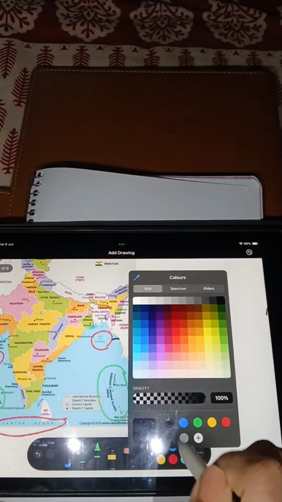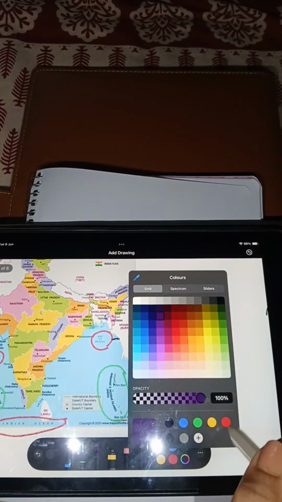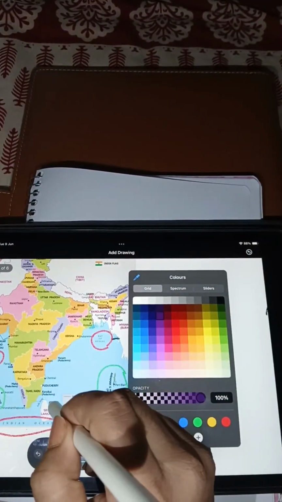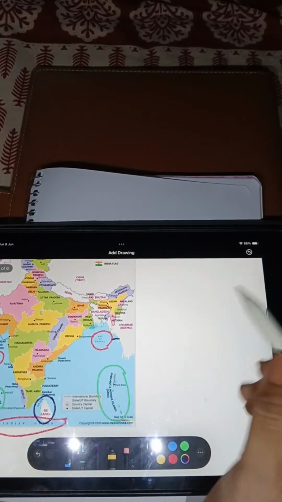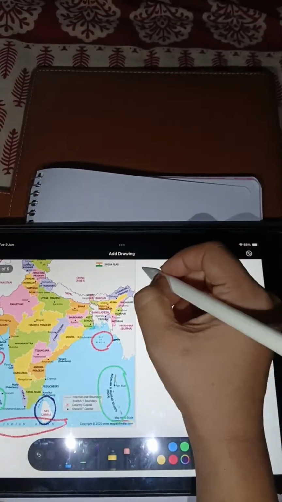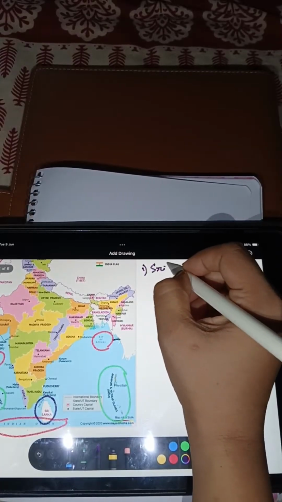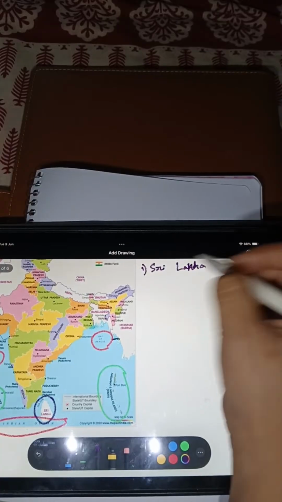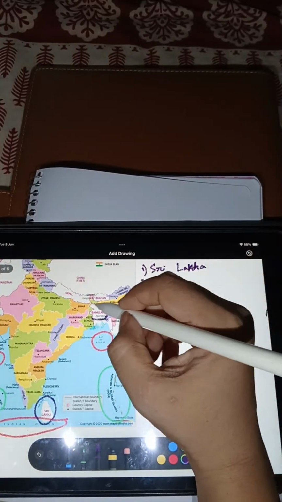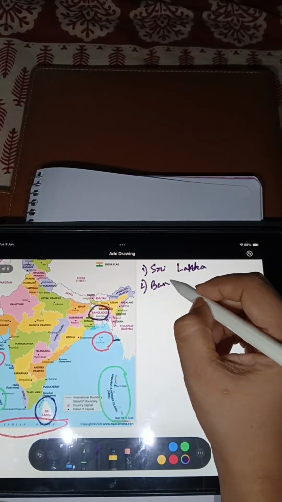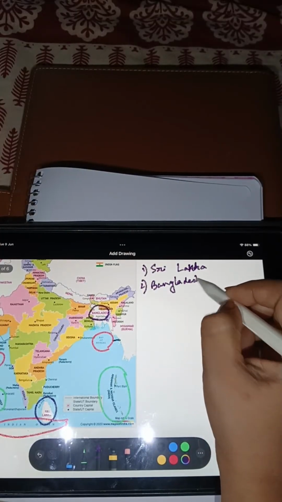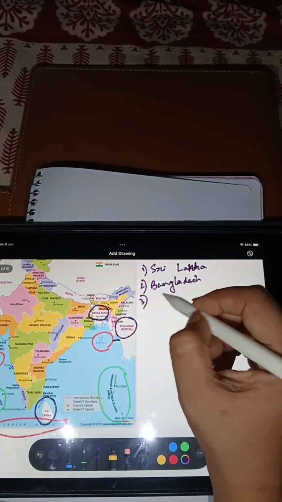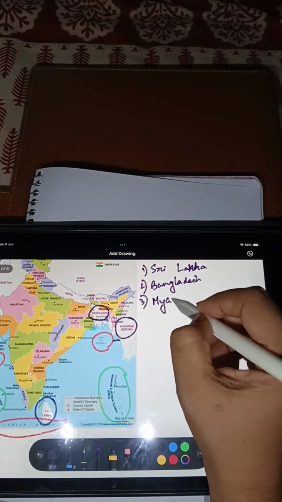Now we are coming to the neighboring countries. What are the neighboring countries that we have in India? The first neighboring country we can see is Sri Lanka in the south. Next we have Bangladesh. We have Myanmar or Burma, the new name is Myanmar.